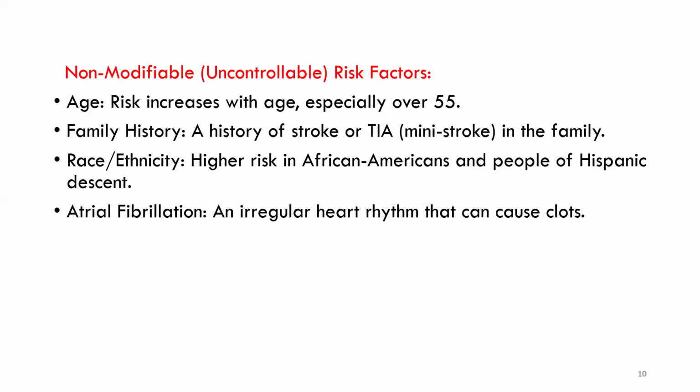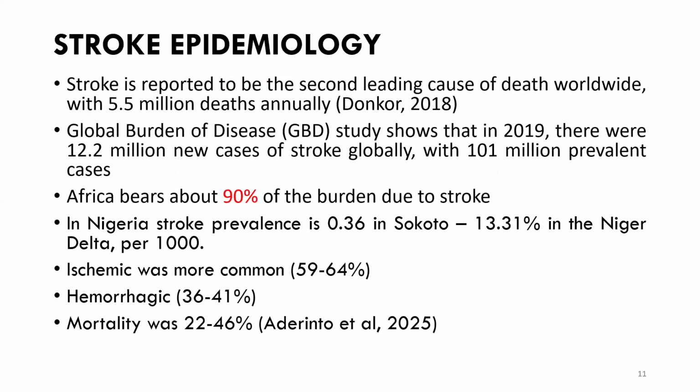Based on stroke epidemiology, it has been reported that stroke is the second leading cause of global death, with 5.5 million deaths recorded annually. This was reported by Donkor in 2018. Based on the GBD study, the Global Burden of Diseases study conducted in 2019, there were 12.2 million new cases of stroke globally.